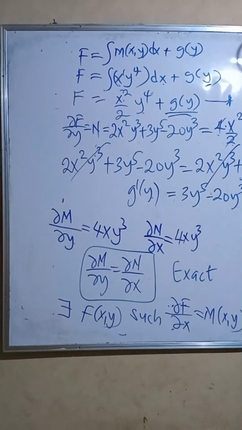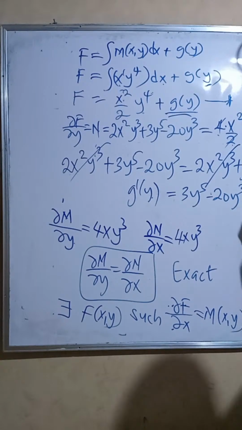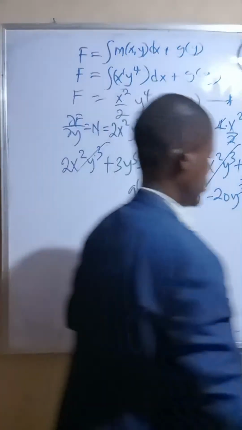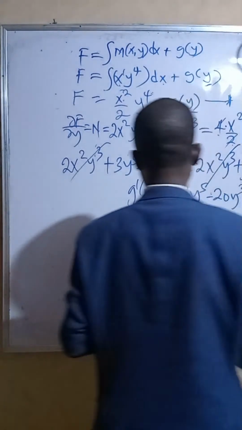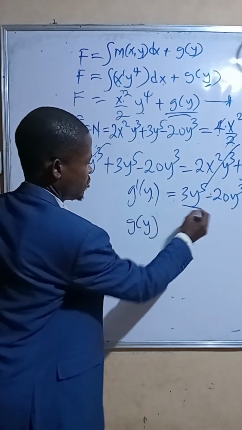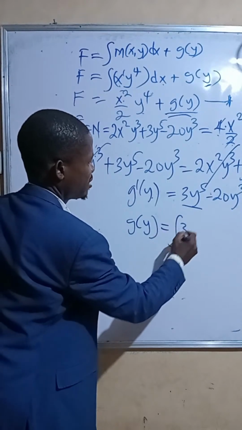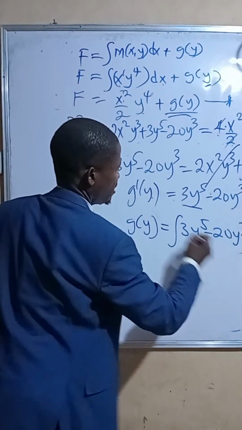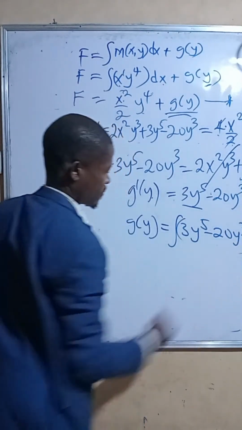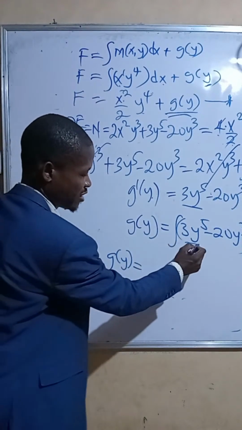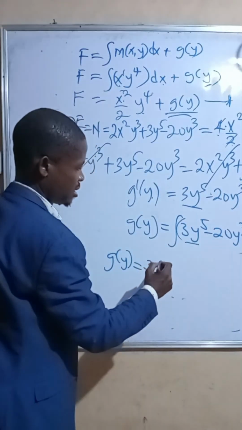Then you can now integrate both sides of the equation to get your g of y. So g of y will be equal to the integral of 3y to the power 5 minus 20y cubed, dy.